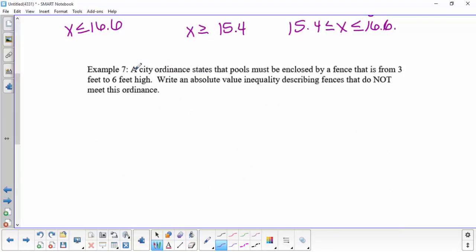Example 7: A city ordinance states that pools must be enclosed by a fence that is from 3 feet to 6 feet high. Write an absolute value inequality describing fences that do not meet this ordinance. So if we think about this in terms of a number line, 1, 2, 3, 4, 5, 6.